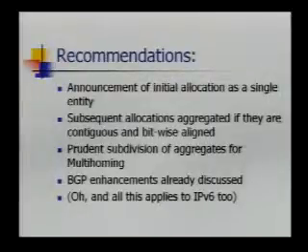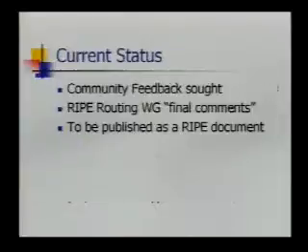Prudent subdivision of aggregates for multi-homing is encouraged. You don't take your address block and chop it into /24s, as some people, certainly in my part of the world in Asia, seem to like doing. They seem to believe that makes multi-homing work, which of course it doesn't. There are lots of BGP enhancements. Implement some of them, and encourage your favorite vendors to implement some of them. And by the way, this all applies to IPv6 as well, because multi-homing in v6 is pretty much the same as multi-homing in v4 at the moment.